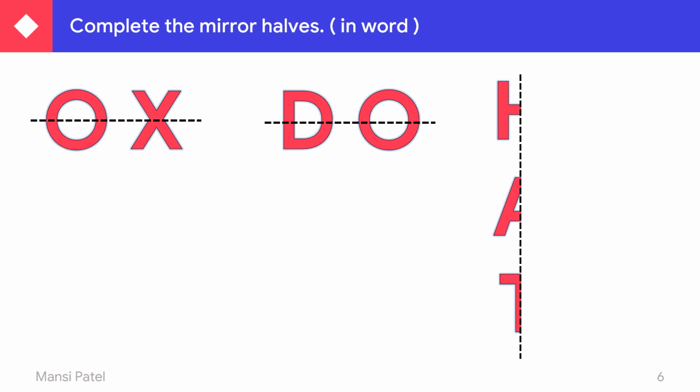So you have to complete these letters beside this standing line. So the first is you have to draw slipping line and then standing line. So it becomes H, then A and then T. H-A-T, hat.